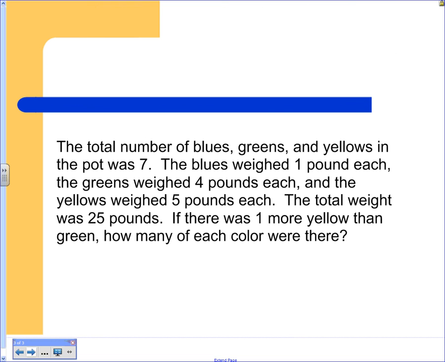Well, I'll leave it down here for y'all to write. And I'll move it up. We've got blues, greens, and yellows.